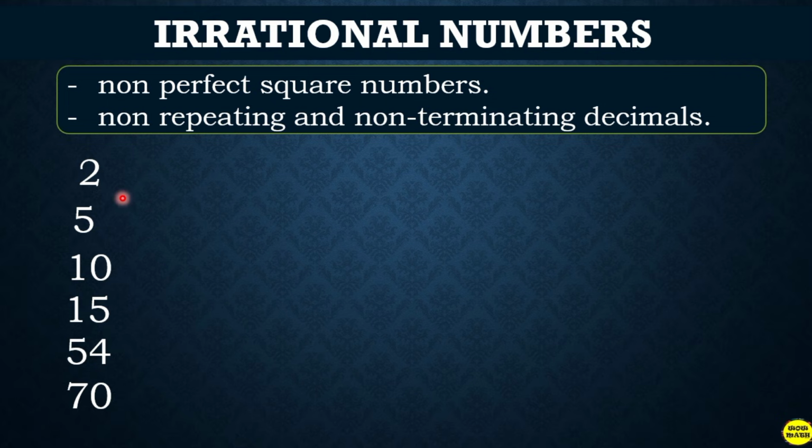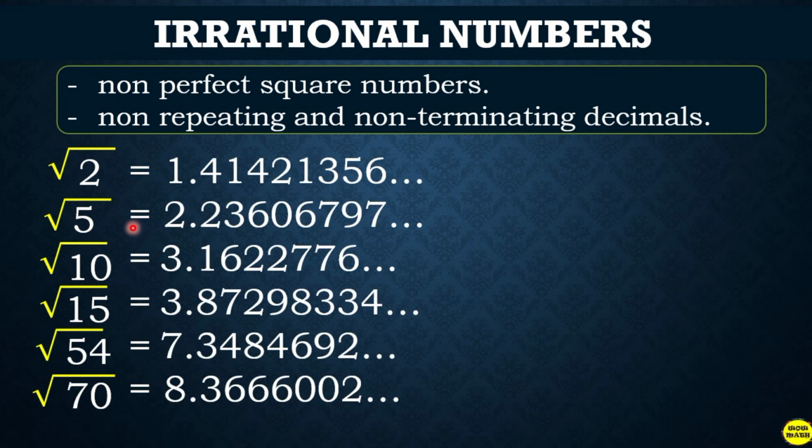So, kapag ang numbers mo ay hindi perfect square, at kinuha natin ang square root nila, ang magiging result niyan ay non-repeating and non-terminating. Ito yung hindi nagre-repeat. It neither repeats nor terminates. Hindi sila repeating, hindi rin sila terminating. Hindi kagaya nung rational natin kanina dun sa mga perfect square, the result is always an integer or a rational number.